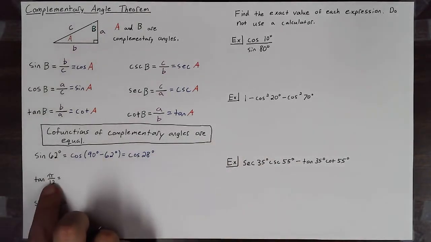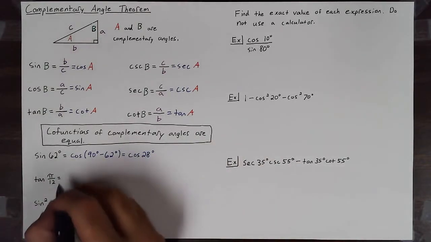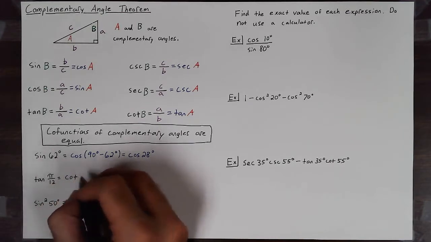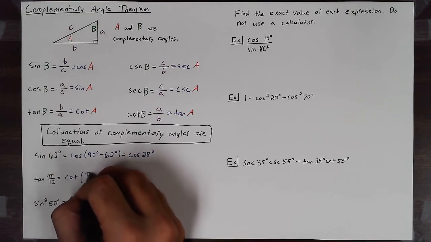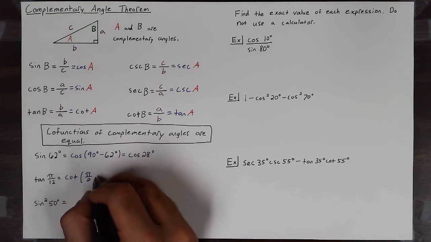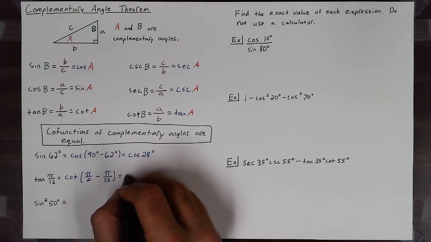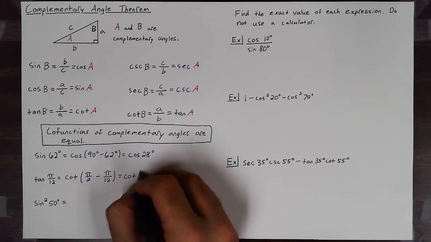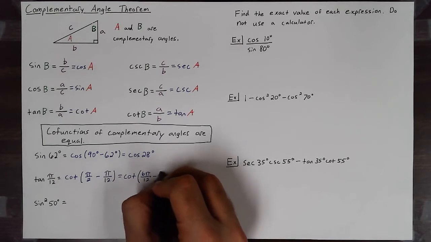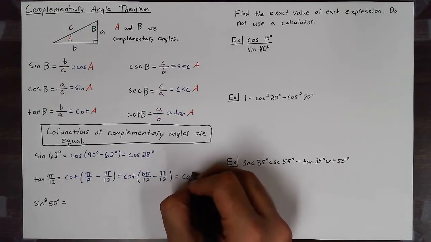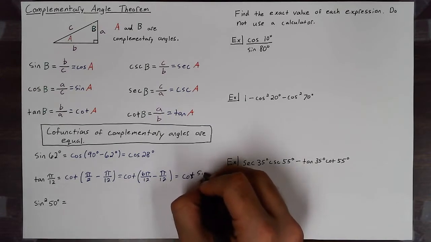If I had this in radian measure, then I would say that tangent of pi over 12 is equal to cotangent of pi over 2, which is another way to say 90 degrees, minus pi over 12 to find that complementary angle to pi over 12, making cotangent of 6 pi over 12 minus pi over 12, cotangent of 5 pi over 12.